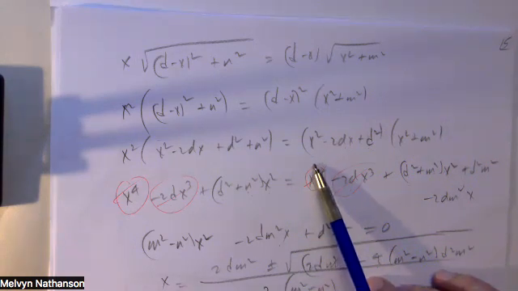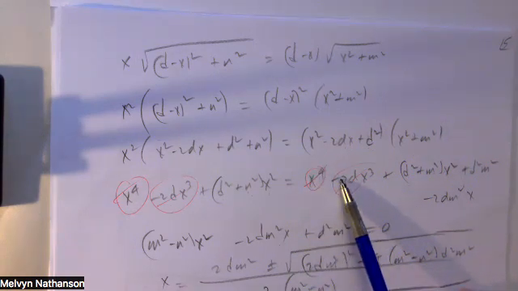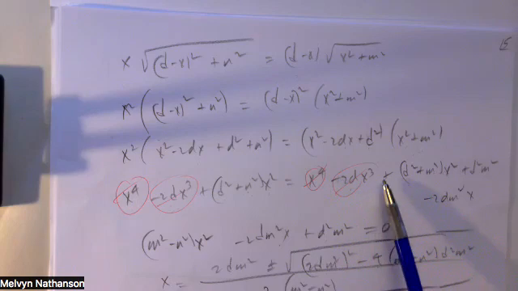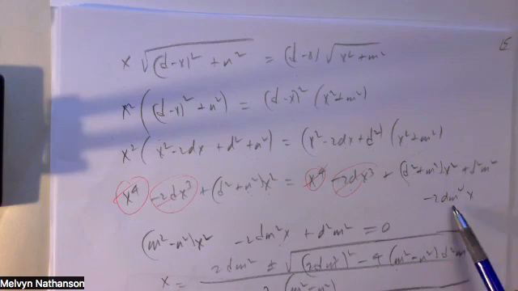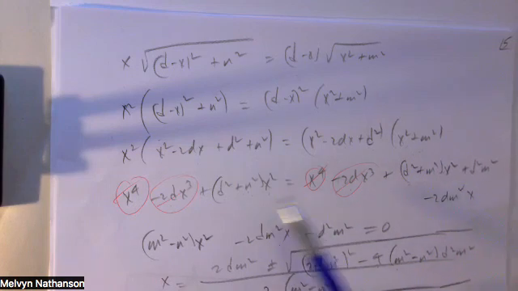x to the fourth minus 2dx cubed plus d squared x squared plus m squared x squared minus 2d m squared x plus d squared x squared. That seems okay.